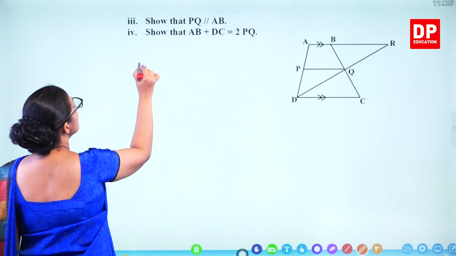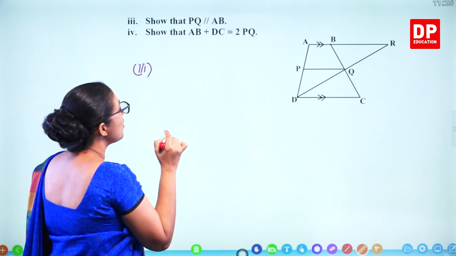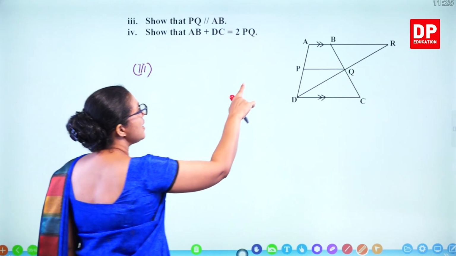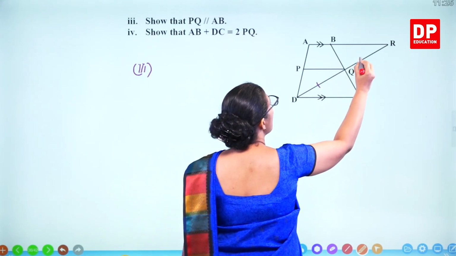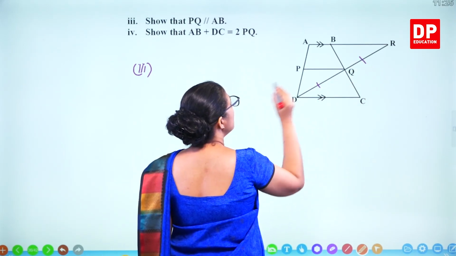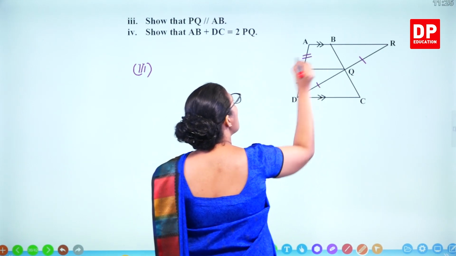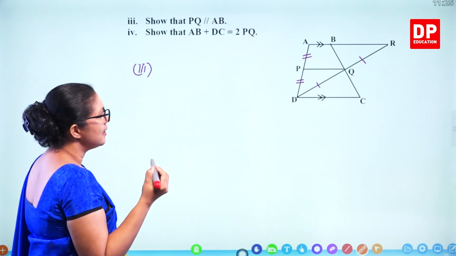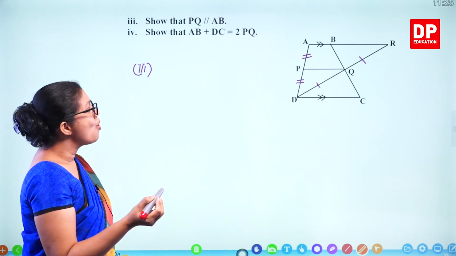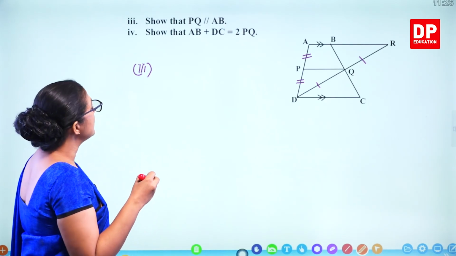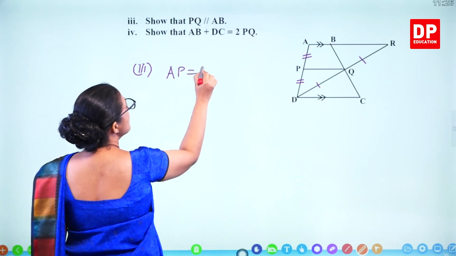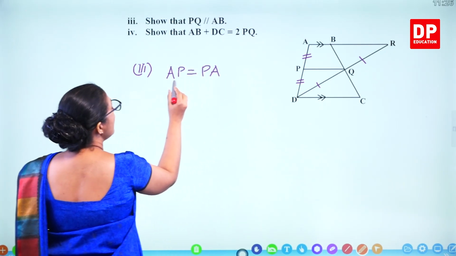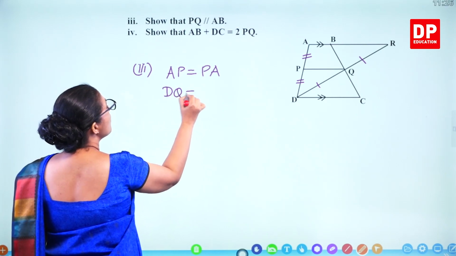Show that PQ is parallel to AB. Now, from the previous part, we found out these 2 lengths are equal. But P is the midpoint of AD, according to inverse midpoint theorem. So we can write AP equals PD, and also DQ equals QR.